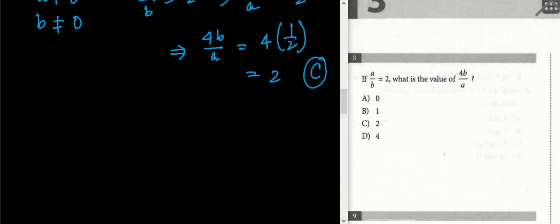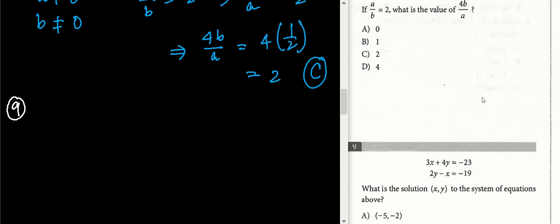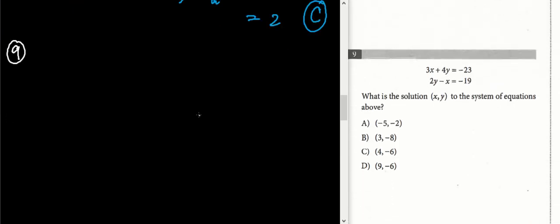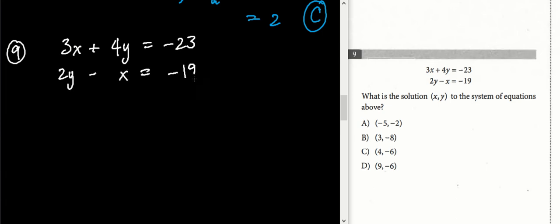All right, so let's look at problem number 9. This is another example of a problem where we can leverage some insight to really reduce the amount of work we need to do. In problem 9, we're told that 3x plus 4y is equal to negative 23. Then we're told that 2y minus x is equal to negative 19.